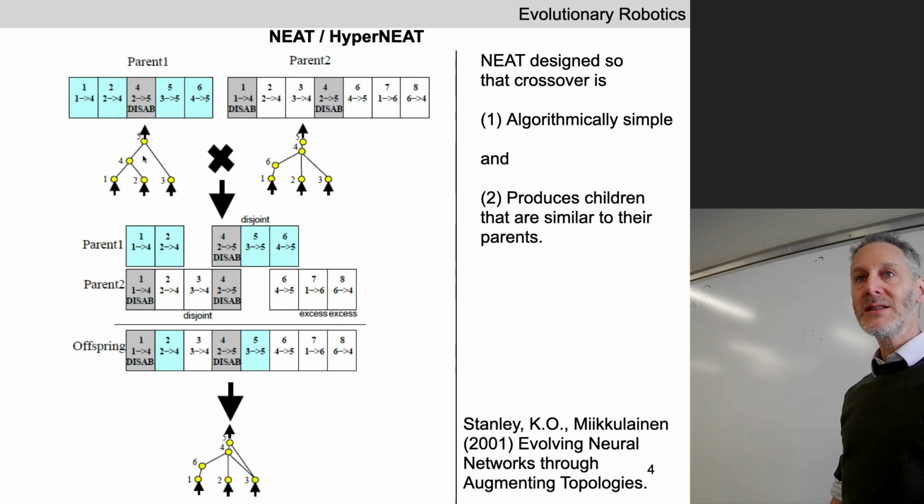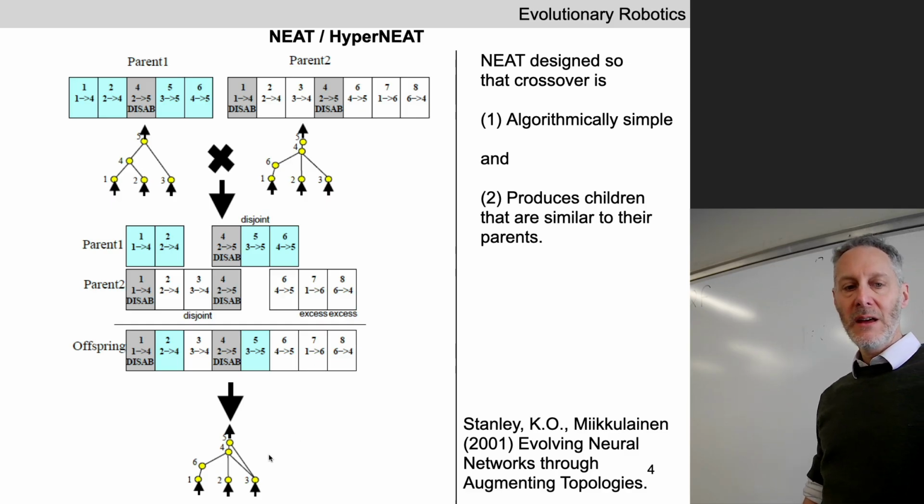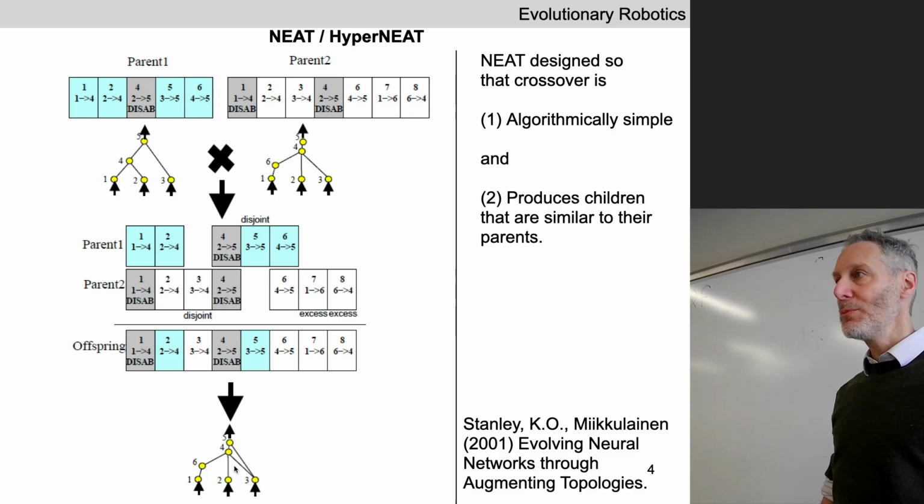So if this parent is pretty good at computing exclusive OR, and this second parent is also pretty good at computing exclusive OR, but maybe in a slightly different way, this child should also be pretty good at computing exclusive OR.